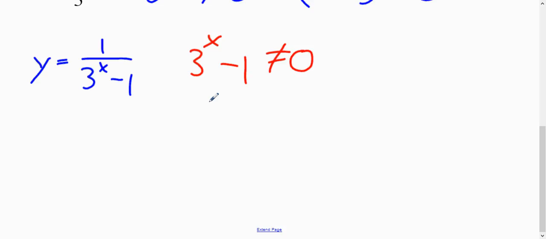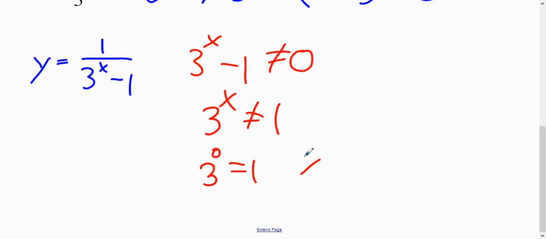So take that, we're going to try to solve it. You get 3 to the x cannot equal 1 when you add 1 to the other side. And what value of x would make that equal 1? 3 to the 0 equals 1, so x is not allowed to be 0.